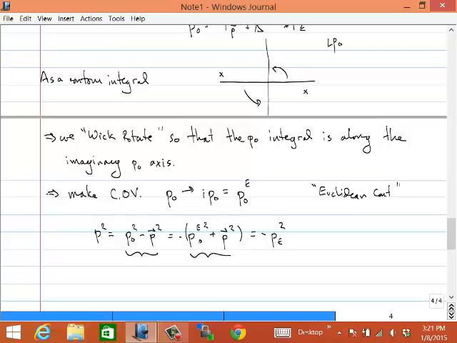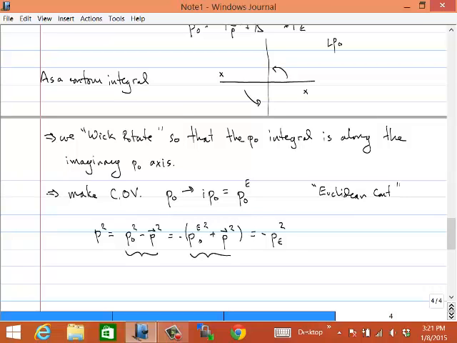The distance, a squared plus b squared equals c squared. So people sometimes get worked up about Euclidean time, and does this mean time is imaginary and all of this stuff. And those are things that I suppose are worth getting worked up over to some extent.